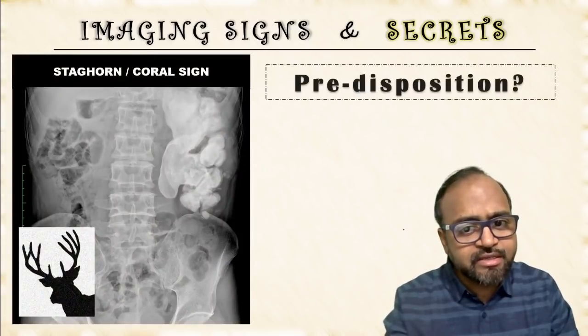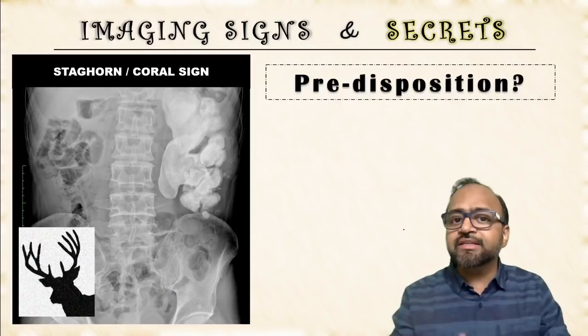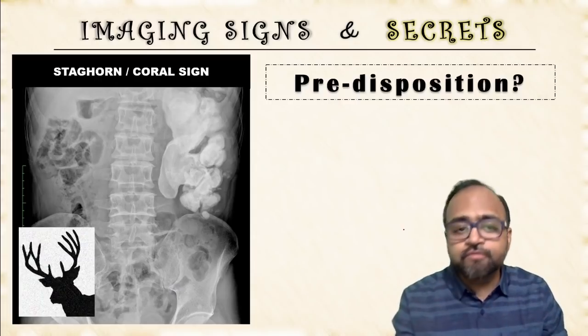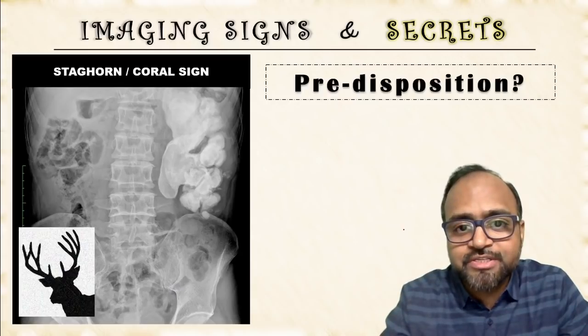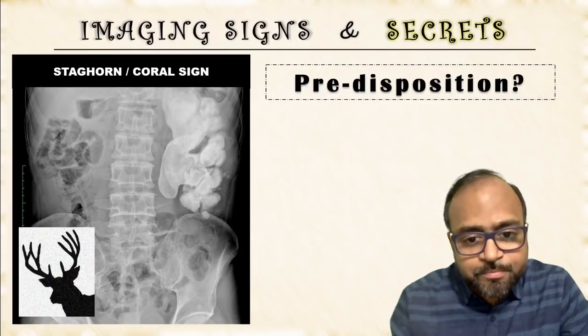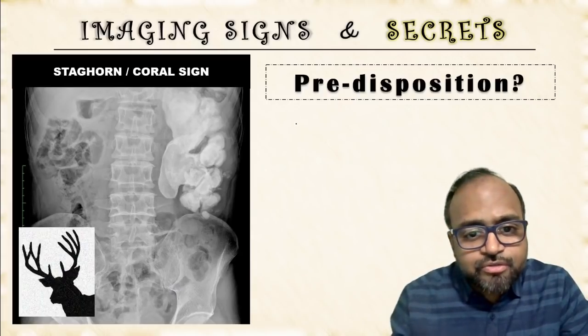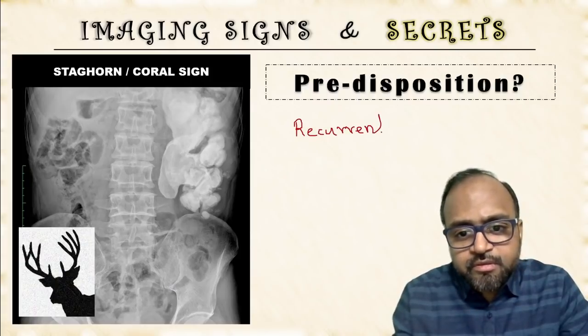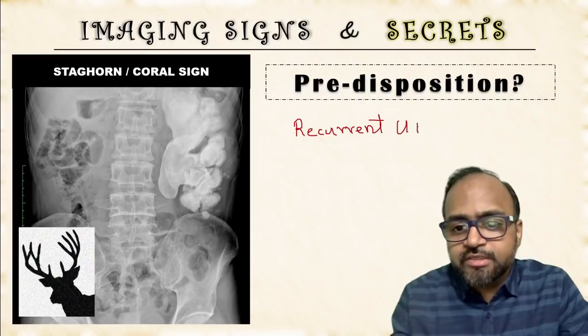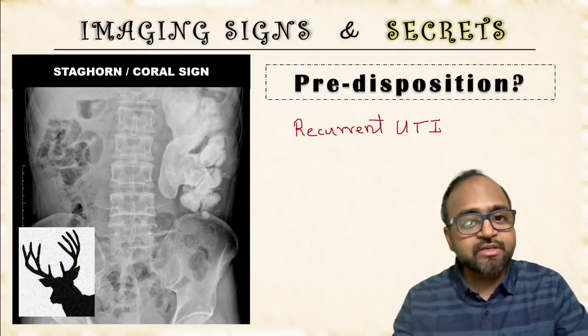Another secret: is there a clinical predisposition to the formation of these staghorn calculi? Yes, and that lies in the history. Do you remember I told you the history? The patient in this particular situation had recurrent urinary tract infection, isn't it?